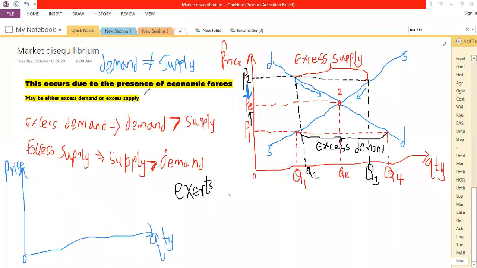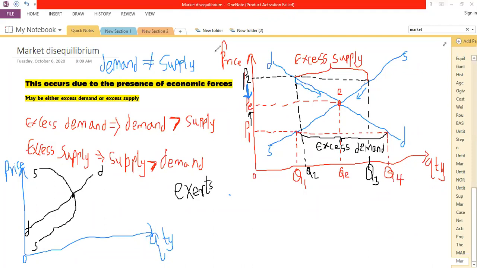If you remember, we talked about a backward bending supply curve of labor, for example, as an abnormal supply curve. We also talked about a progressive demand curve, still an abnormal demand curve. We talked about exceptional cases such as ostentatious goods, Giffen goods, and so on.